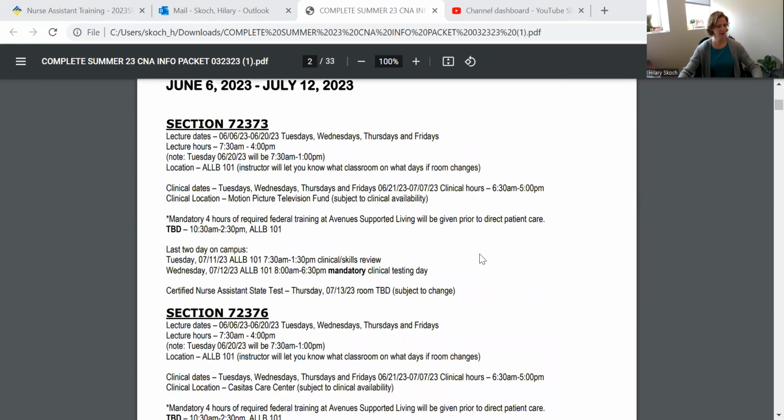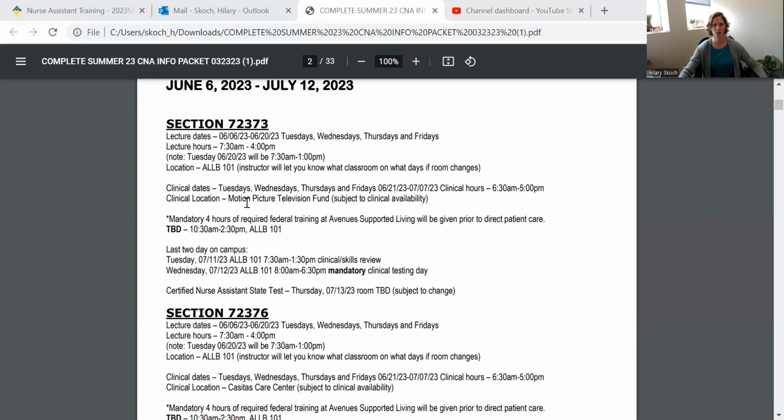So as I said in the beginning, please pay close attention to the dates, as the dates I'm sharing with you here will be different from your packet. But I want you to see the location of the lecture day, the dates of your lecture, the hours of your lecture, and also note that for the section numbers, there are differing clinical location sites.